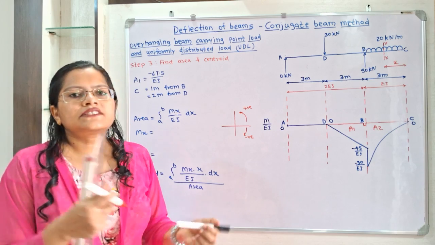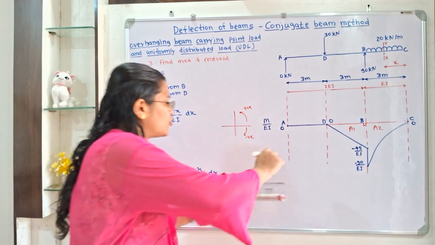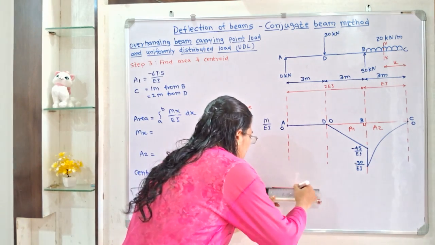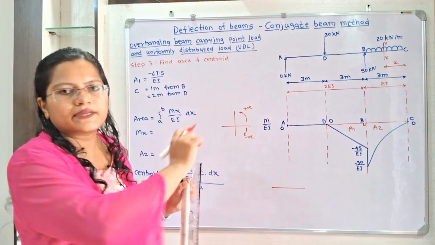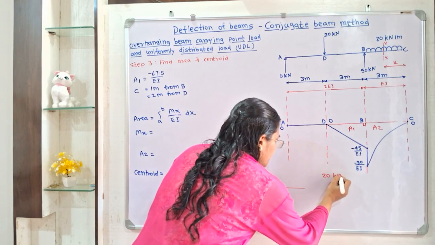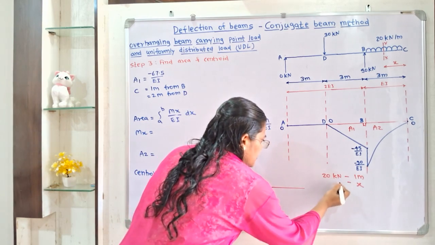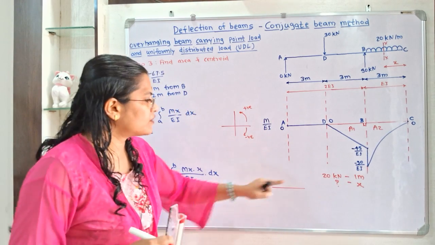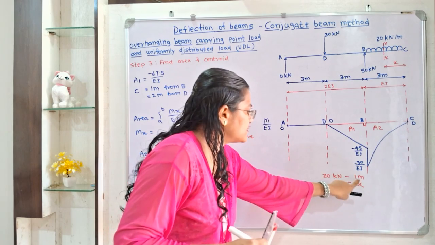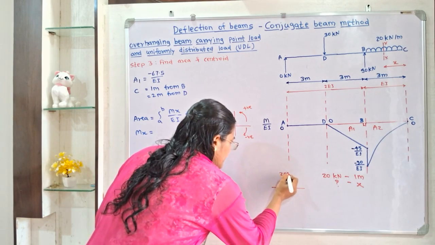So what is the magnitude of the load at section xx? I will show here. The magnitude is equal to 20 multiplied by x, because the load is 20 kilonewton for 1 meter, and for the distance of x, here is the question mark. So we will cross multiply, 20x divided by 1. So this load is equal to 20x.